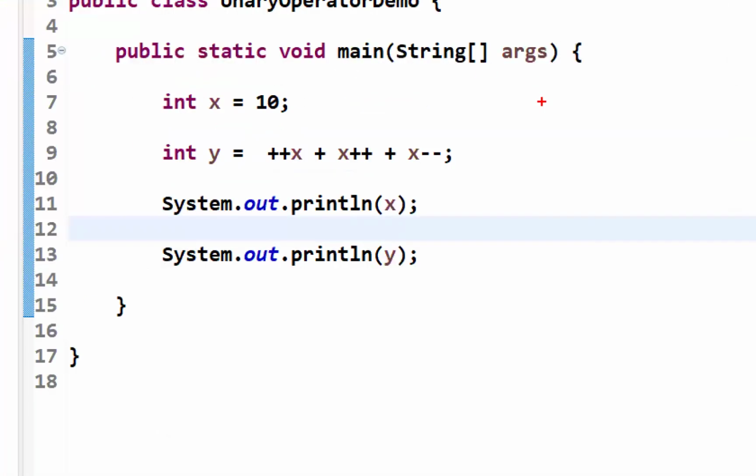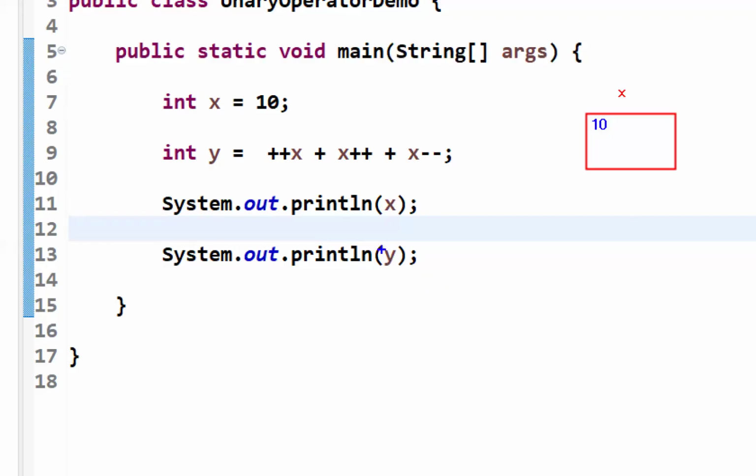Tell me, folks, first of all, what's the value of x? X has a value of 10. Please understand me. Let's say this is the memory location of x. What's the current value of x? 10.